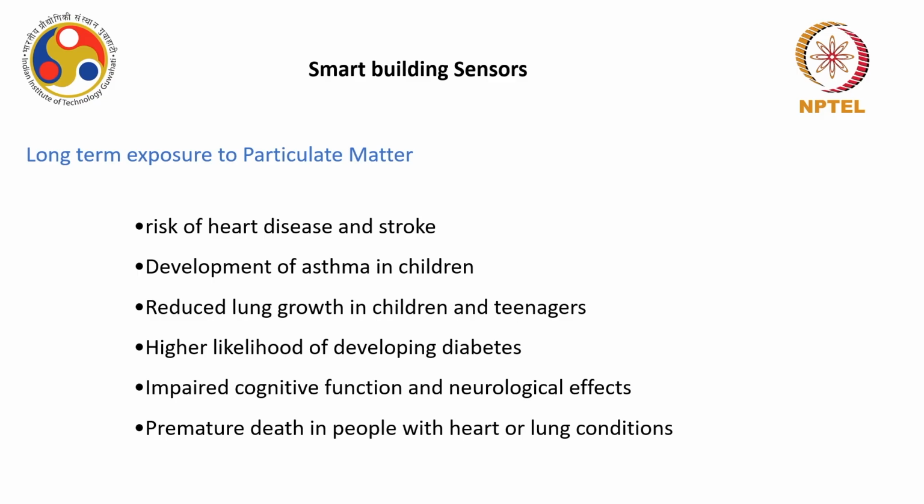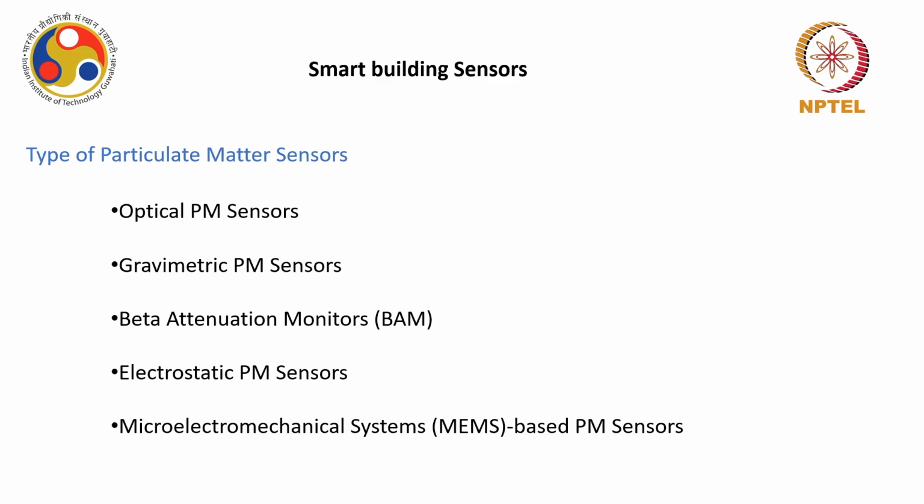Impaired cognitive function and neurological effects are other things which this PM can cause. Then premature death in people with heart or lung conditions has been reported clinically due to particulate matter. So the detection of particulate matter at a precise level is very crucial.